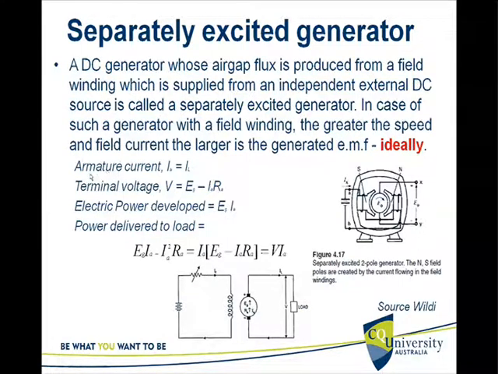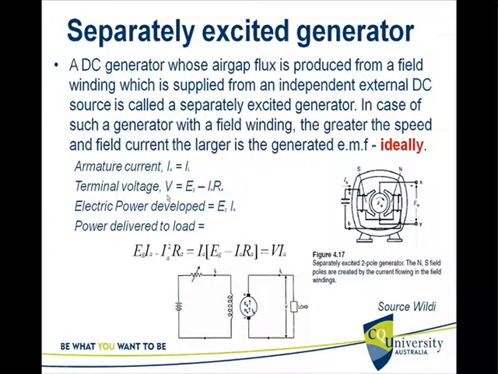So some mathematics here. Armature current IA is the same as IL. IA, the armature current coming out, is the same as IL. The terminal voltage appearing at these terminals. Remember, there is an internal resistance here, so you have to subtract the resistive voltage drop of the internal resistance.